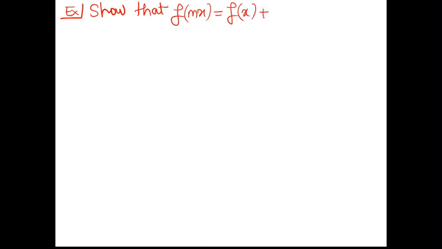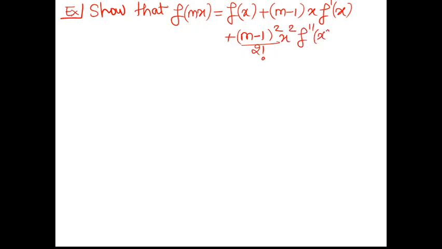The example is asked like this: show that f of mx is equal to f of x plus m minus 1 into x f dash of x plus m minus 1 whole square upon 2 factorial into x square f double dash of x and so on.